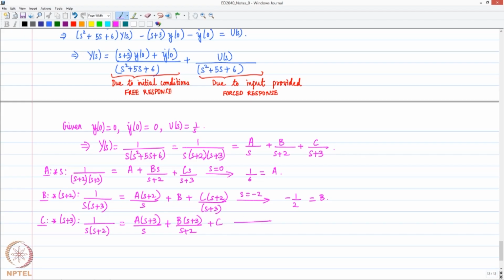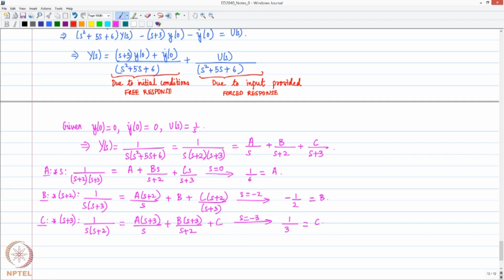Now, we substitute the root of s plus 3, that is s equals minus 3. So, we are going to get 1 divided by minus 3 times minus 3 plus 2, that is minus 1. So, 1 by 3, that is going to be equal to c, right.